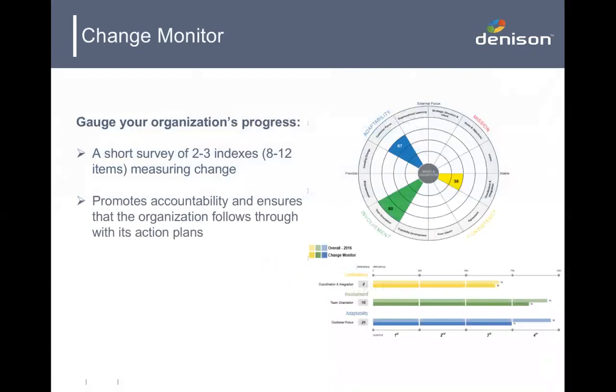A lot of times in a culture project, as we go through the honest conversations, trying to see the priorities for action and defining some areas for action, we find that there's 2 or 3 specific areas that really need some work. So we create a short survey of 2 to 3 indexes, 8 to 10 questions that measure specifically in these areas.